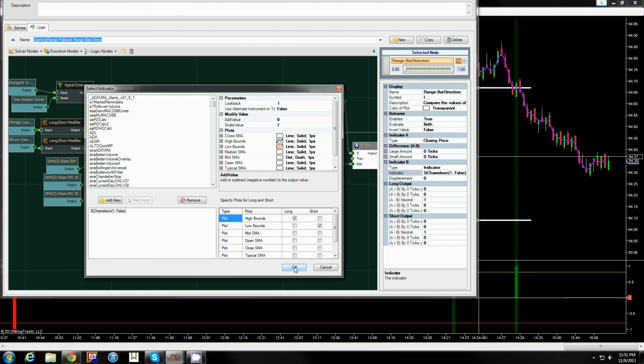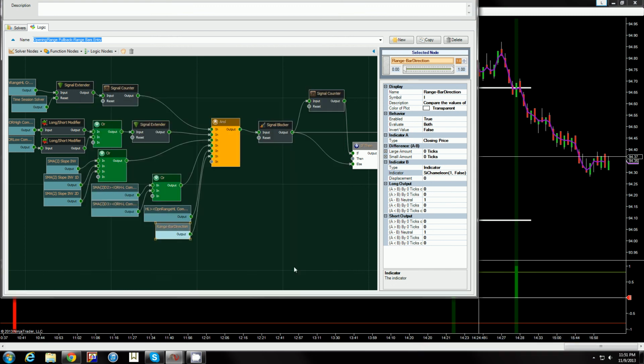Because a range bar, an up range bar, or a doji that's closing on the high, I mean, every range bar closes on its high or its low. Either it's an up closing doji or an up candle. So this is just saying if the closing price is equal to the high, then give me a long signal. If it's equal to the low, give me a short signal.